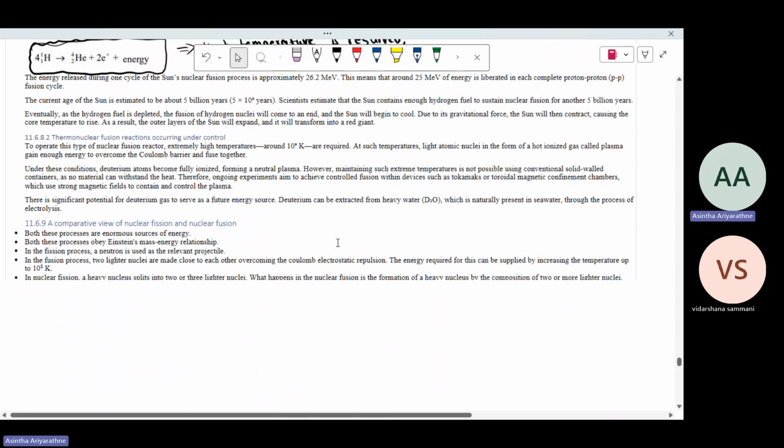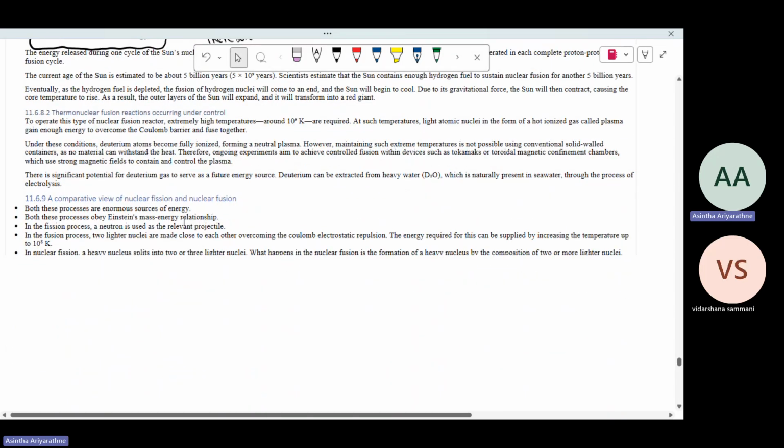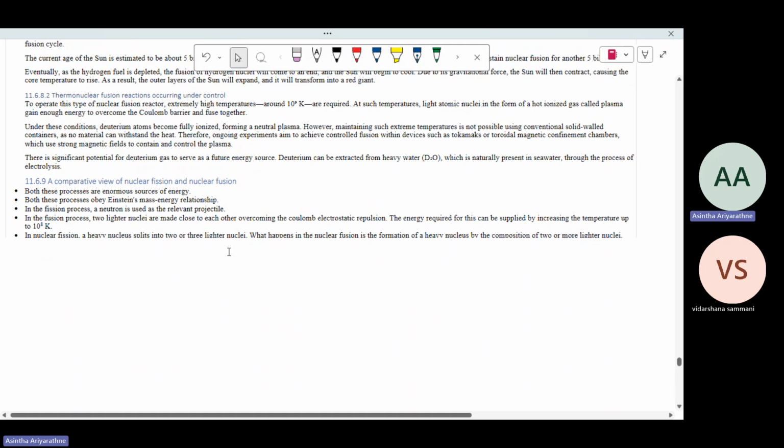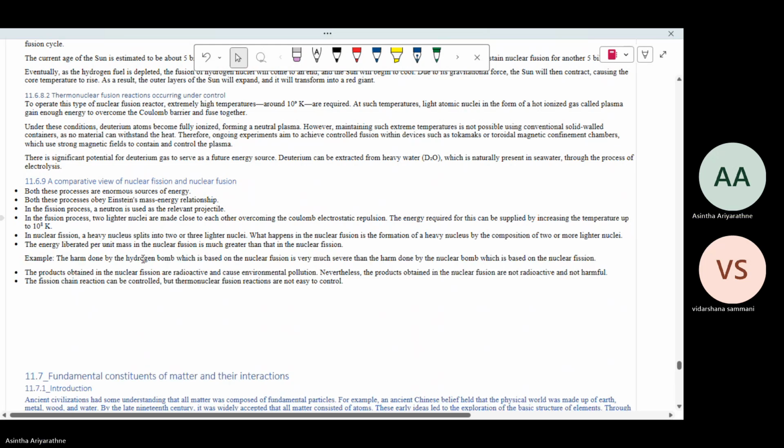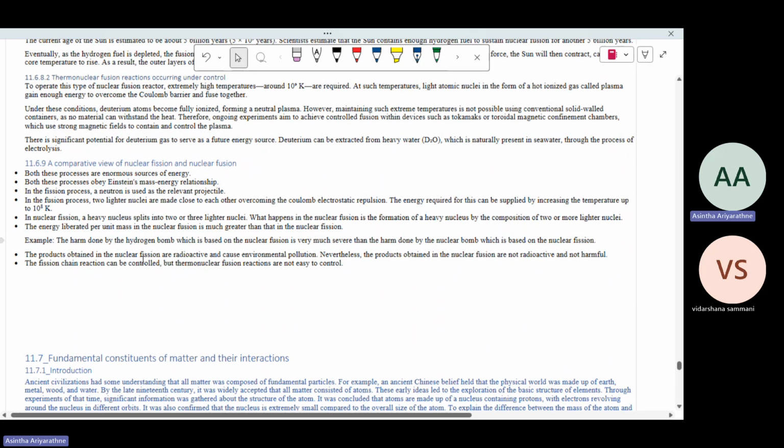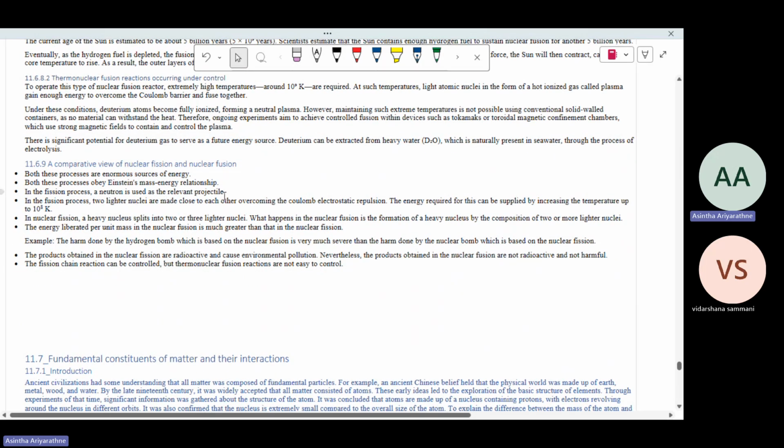Right? So this is just a comparison of these two types of reaction processes, nuclear fission and nuclear fusion. Both of these processes emit an enormous source of energy and obey Einstein's mass-energy conservation. In nuclear fission, a neutron is used to start the reaction.